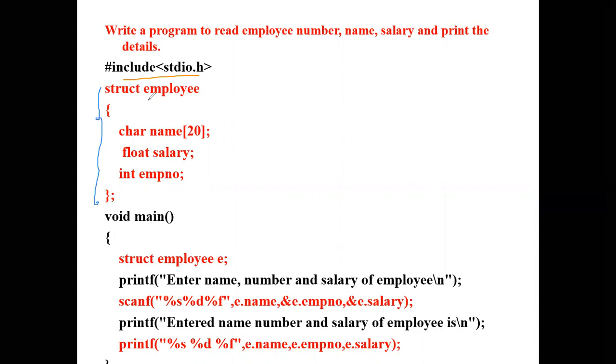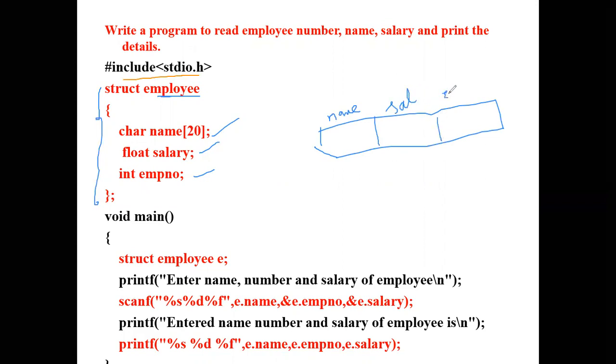So we are declaring a struct named employee with the 3 fields: name, salary, and employee number.